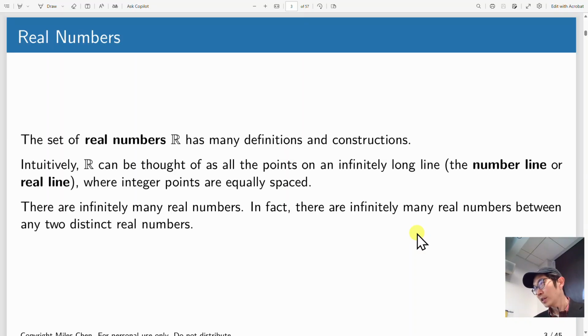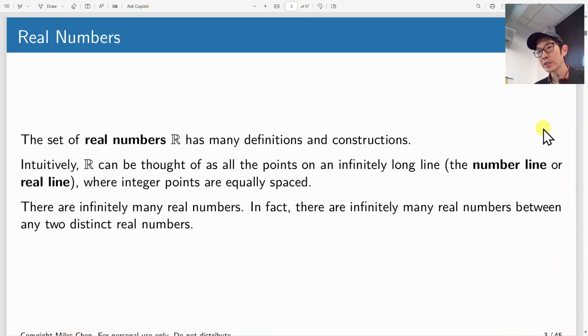So we are accustomed to dealing with real numbers. There are a bunch of definitions and constructions for what exactly real numbers are, but the intuitive idea is that you have this infinitely long number line going from negative infinity to positive infinity.